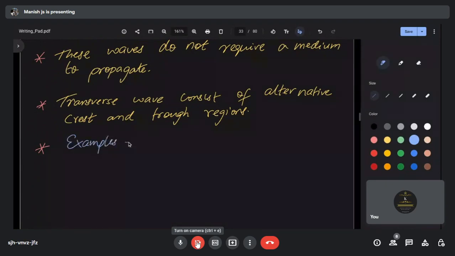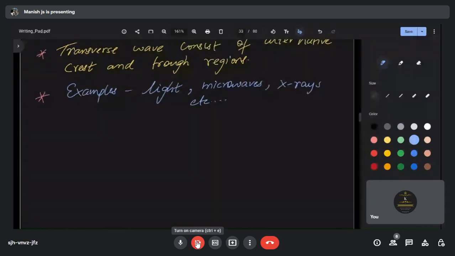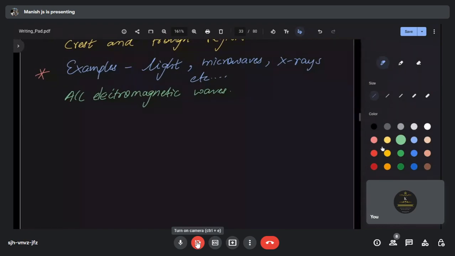Examples are light waves, then microwaves, x-rays, you can give all such examples, etc. In general, we can also say electromagnetic waves. All electromagnetic waves are transverse in nature.